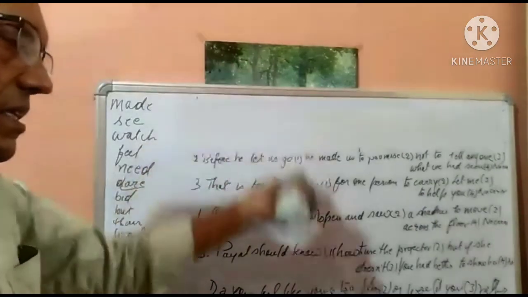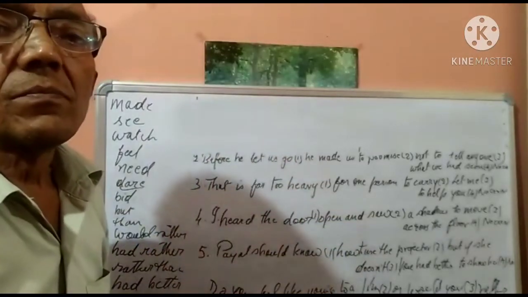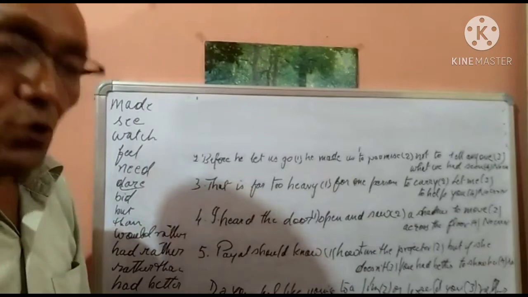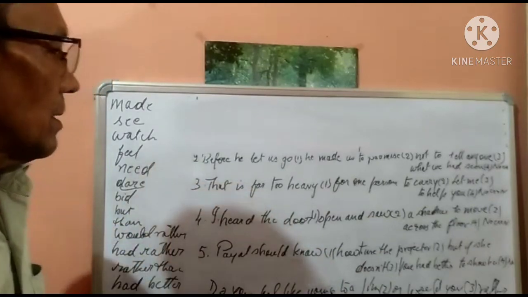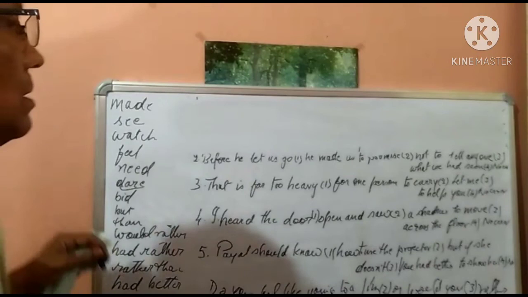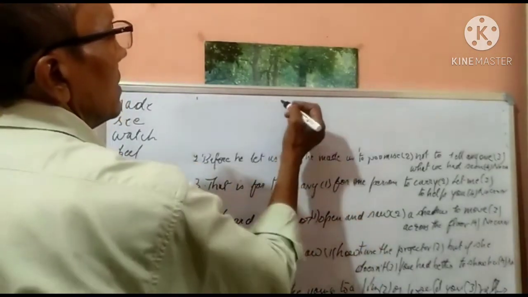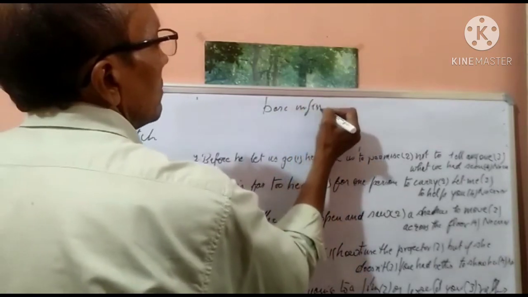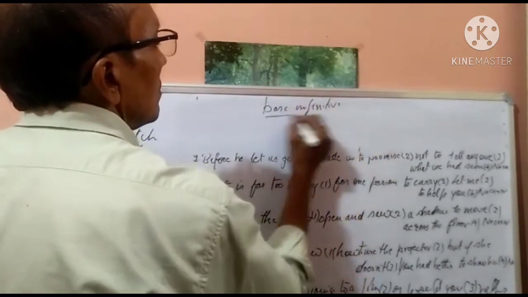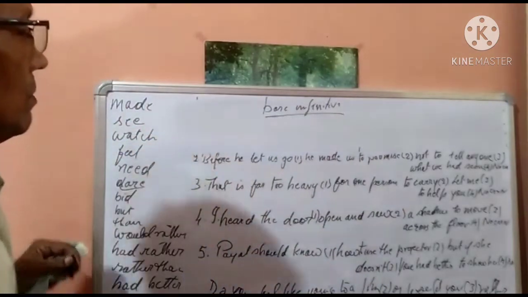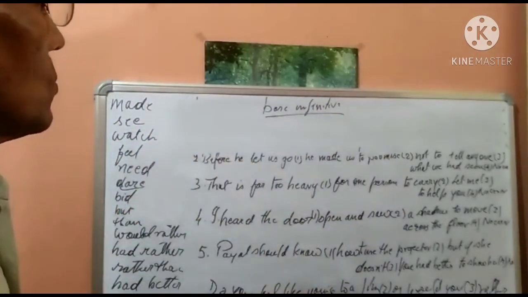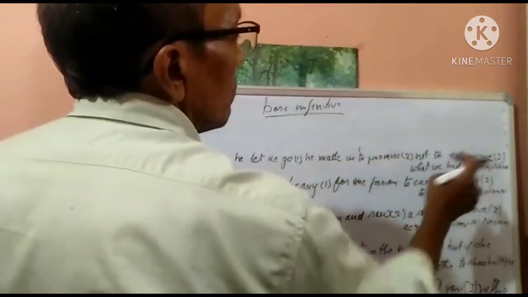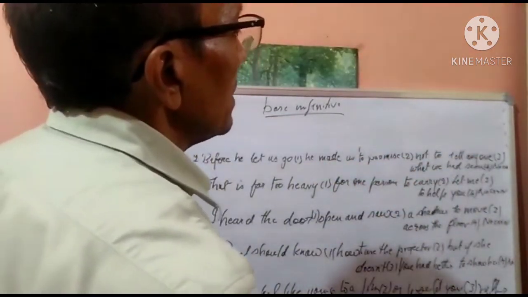So while making sentences or discussing the questions, we shall discuss the rules as well. So here I am trying to discuss error, find the error in bare infinitive. So before he let us go, he made us to promise not to tell anyone what we had seen.